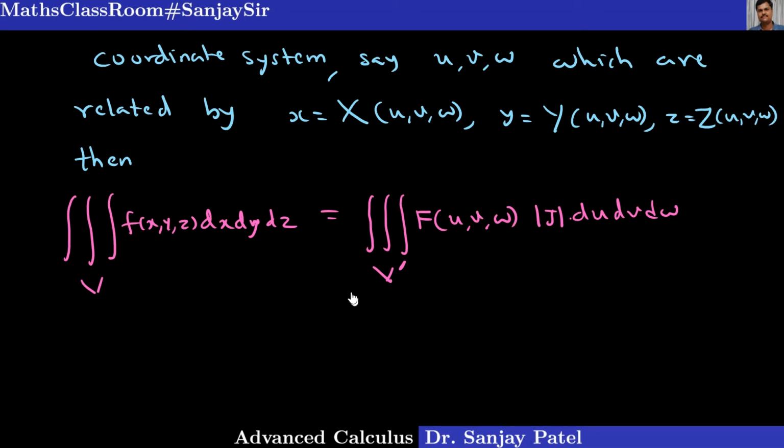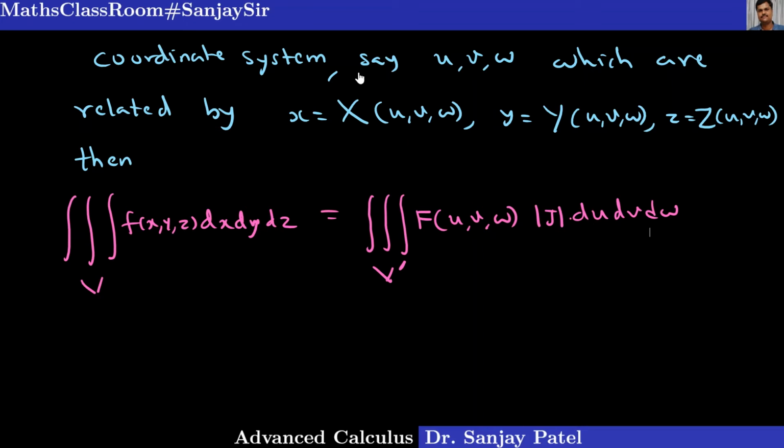So you can use this transformation formula to transform the triple integral into any system of variables, say u, v, w. For example, you know two coordinate systems in 3 dimensions or in R3, like a cylindrical system and spherical system.